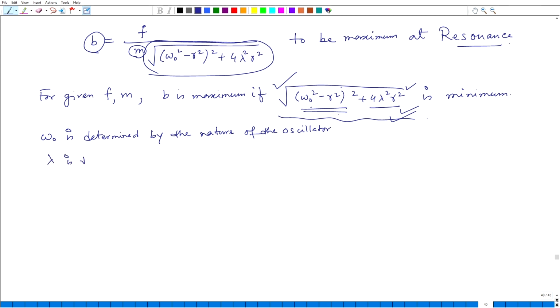Lambda is determined by the medium. Lambda actually you can change, but here I am just thinking that we do not touch lambda, and here we do not touch it.